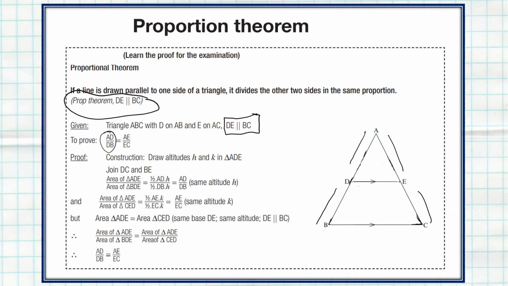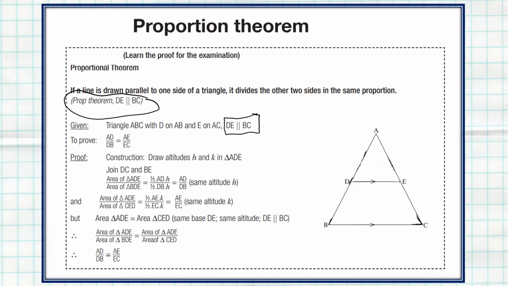It's quite irritating, the background noise, but that is what we are supposed to prove. That indeed if there's a line parallel to one side of a triangle, then that line will divide the other two sides in the same proportion. That is to say, AD over DB will be equal to AE over EC.